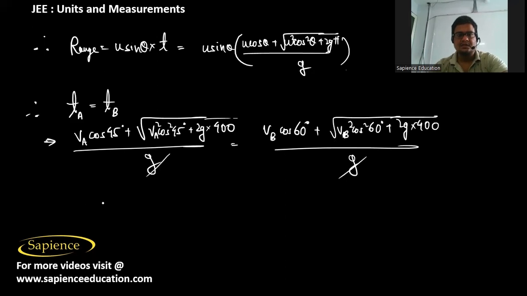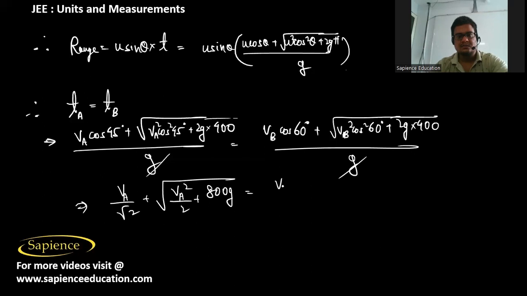So g and g will get cancelled. Then from here we can say VA by root 2 plus square root of VA square by 2 plus 800g is equal to VB by 2 plus square root of VB square by 4 plus 800g.